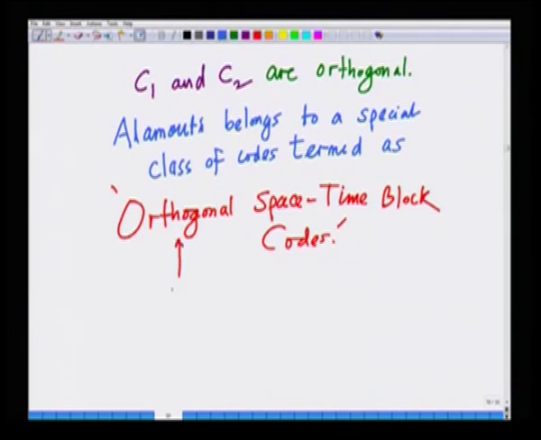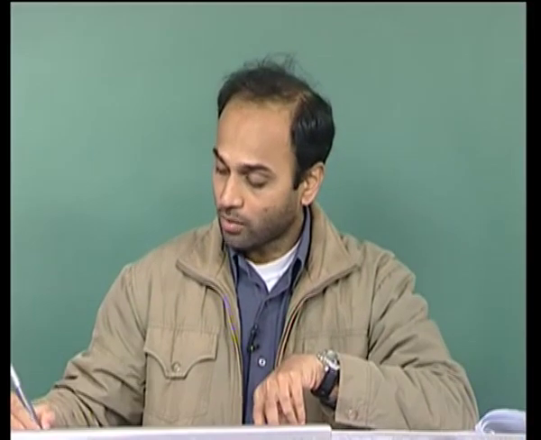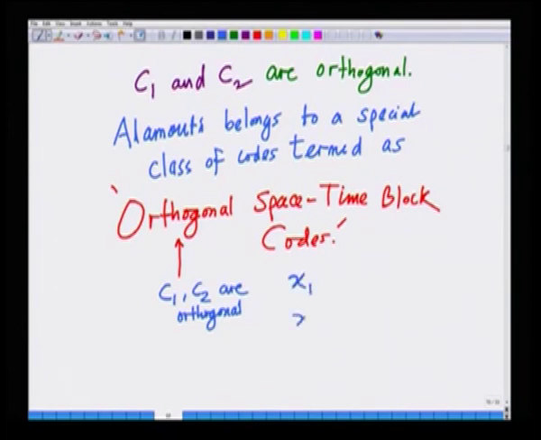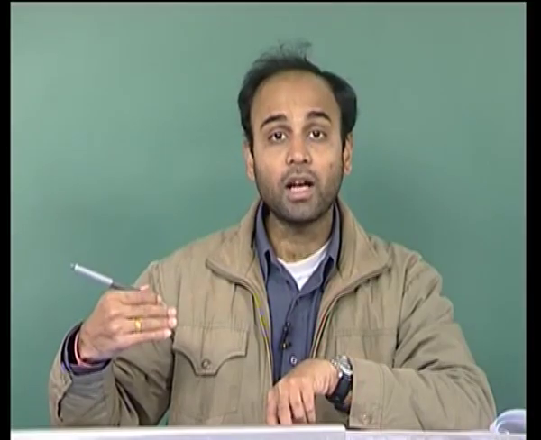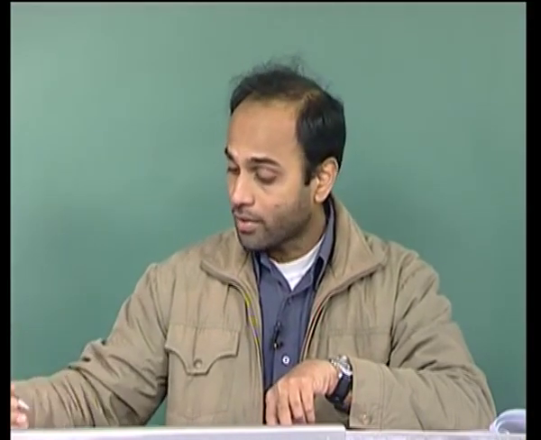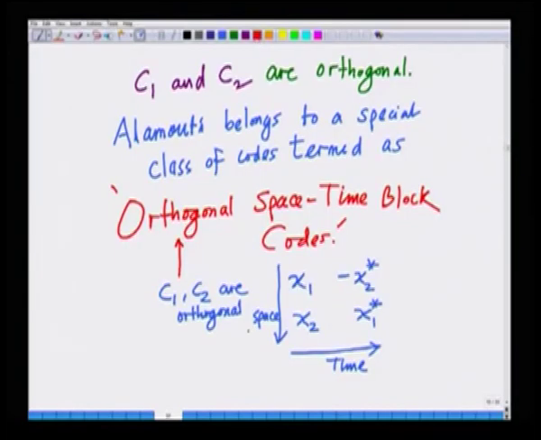Why orthogonal? Because observe that C1 comma C2 are orthogonal. Why space time? Because observe it is coding across space and across time. We transmit x1, x2 in the first time instant, minus x2 conjugate, x1 conjugate in the second time instant. So, this is time and this is space, that is across the transmit antennas. So, there are two dimensions to it, one across space, the other across time.